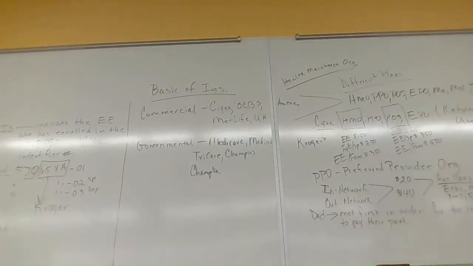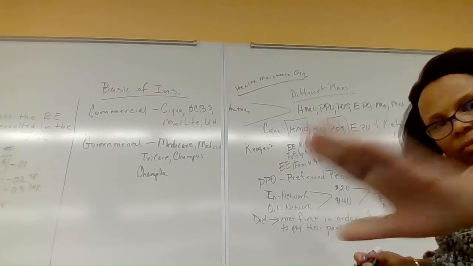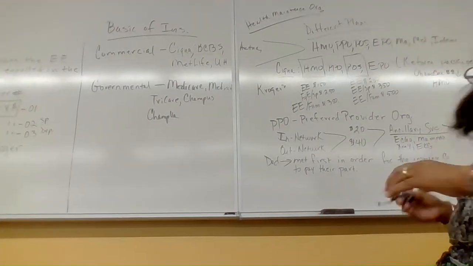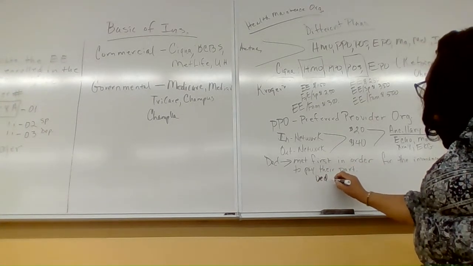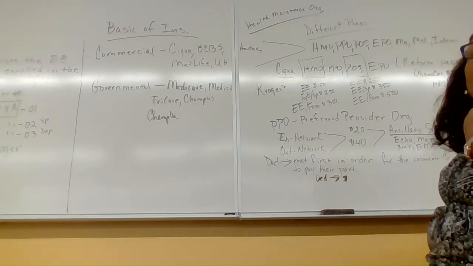So now let me give you an example about what I mean. Let's say, for example, the deductible is, I don't know, give me $1,500.